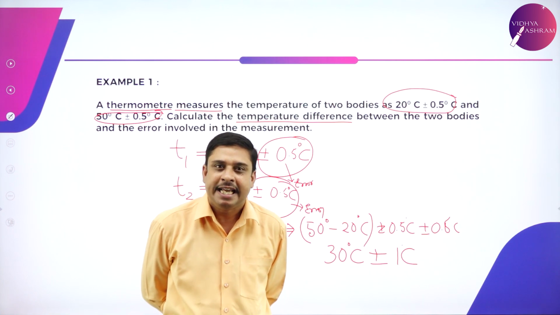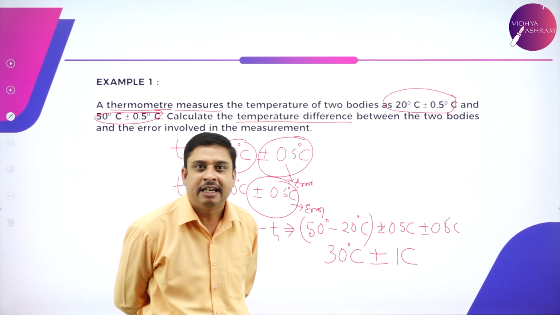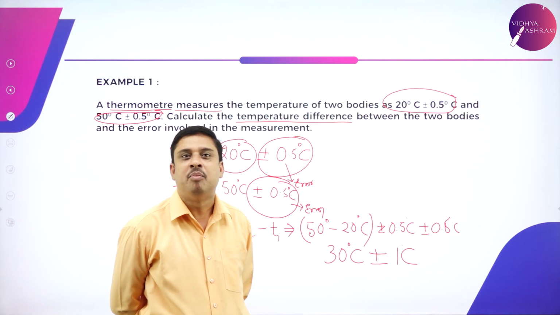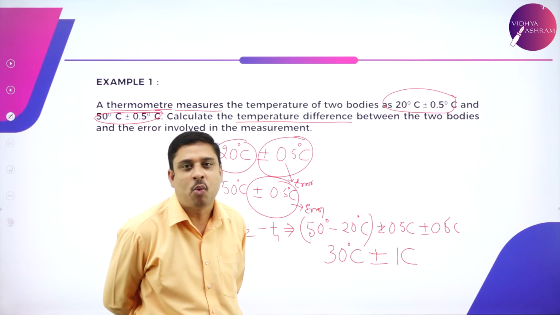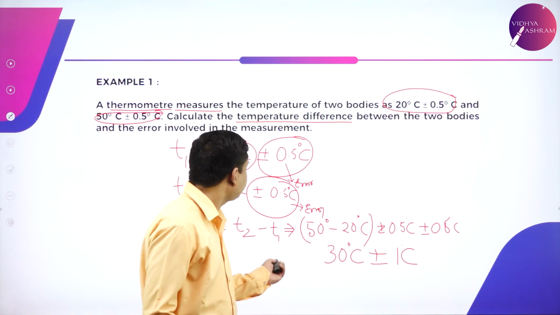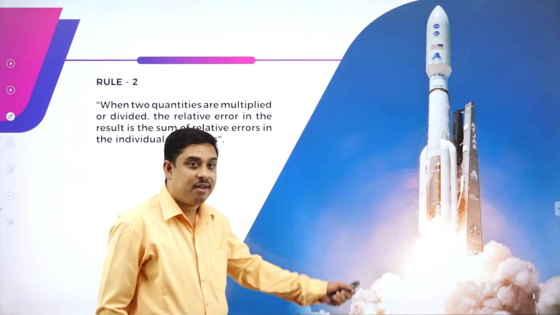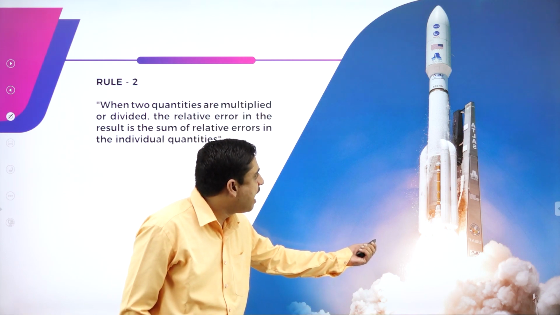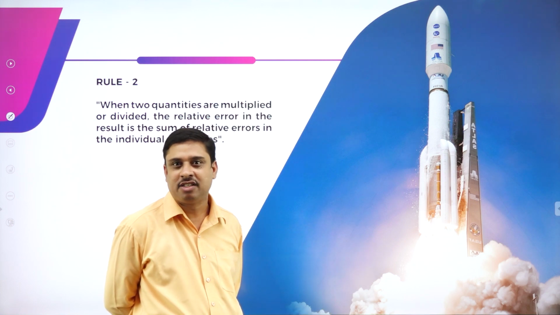So either addition or subtraction, the error in the final result is the sum of the errors in the individual quantities. Now, going to the second rule, again a beautiful picture where it shows launching of a rocket.